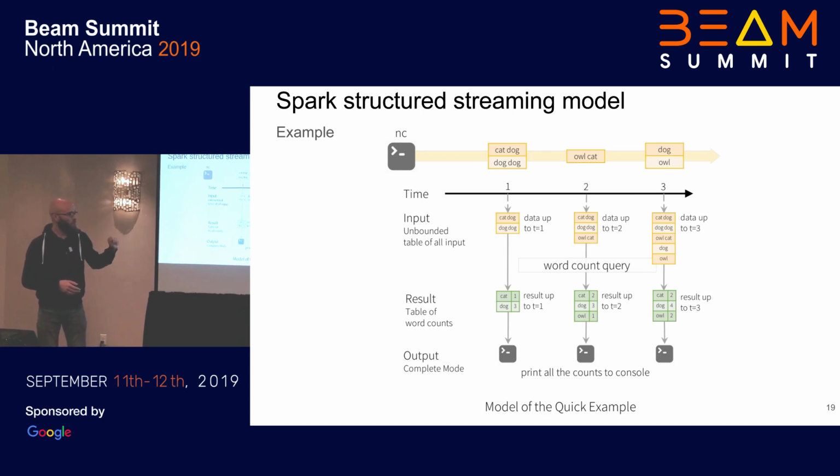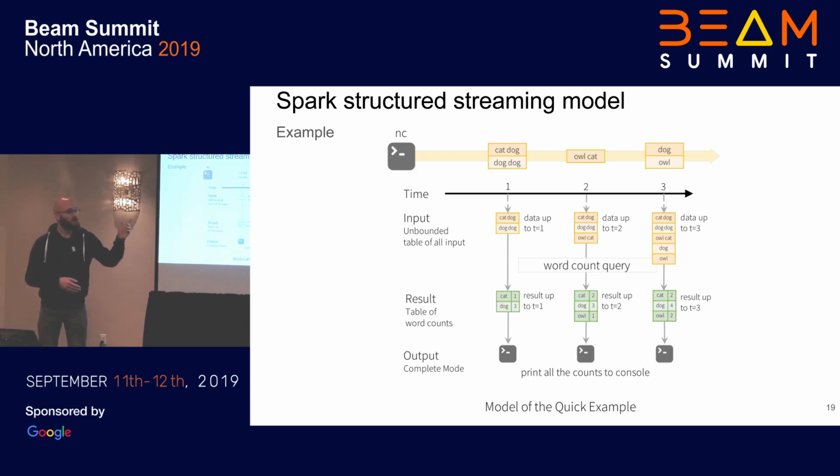The count query will be incrementally run by Spark on this input table. The result table in green will be updated with cat 1 and dog 3. And when the trigger fires at time 1, the output would be done of the result table, of course.